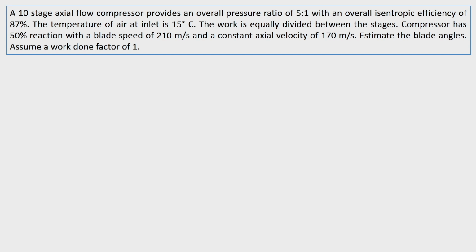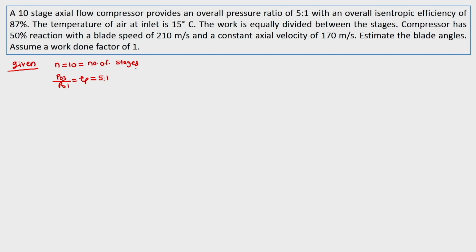This is what we have to calculate, where we have to assume the work done factor to be 1. So let us see what is given here. We have few things which are given in this example. N is 10, which is the number of stages. Further, pressure ratio P03 by P01, or what we say as RP, is 5:1.